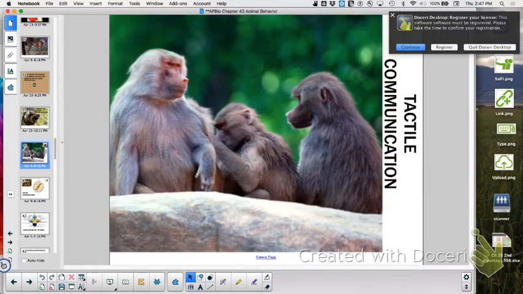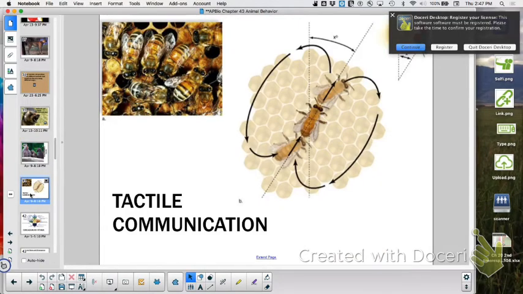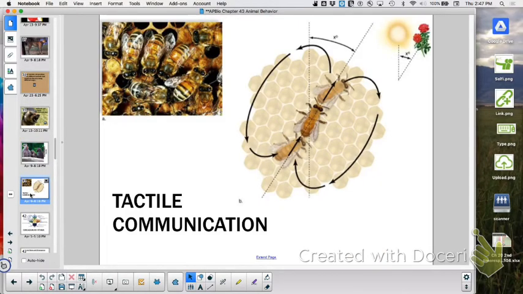And then tactile. On tactile, you want to make sure that you remember the classic experiment for tactile, which is the bee dance. And remember, they can communicate two things by dancing. Remember, you're not watching the dancer. What are you doing? You're feeling the dancer. So remember, if you waggle straight up the hive, that means when you go outside, Mr. Bee, fly right towards the sun.